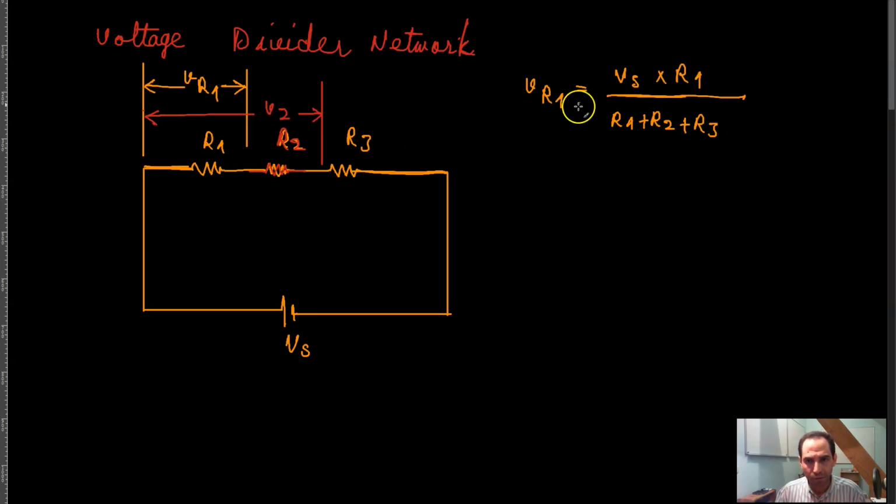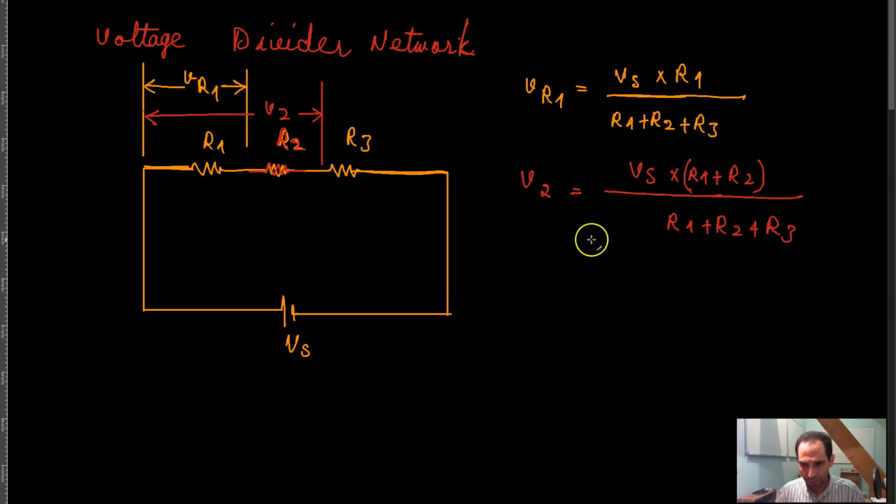Then you can say that V of 2 is equal to V of S times R1 plus R2 divided by R1 plus R2 plus R3, which is the same thing as R1 plus R2 divided by R1 plus R2 plus R3 times V of S. So that is V of 2.